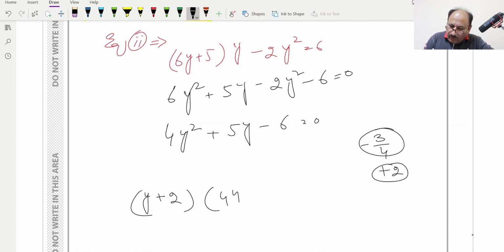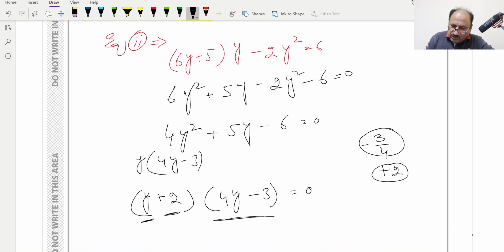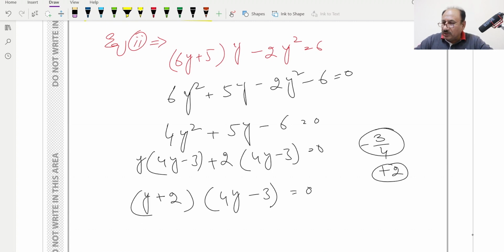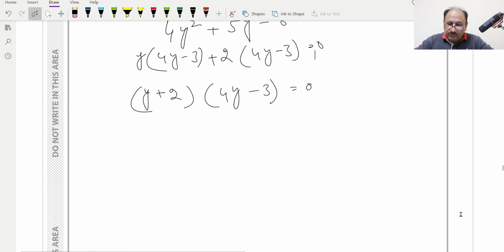So 4y minus 3 is equal to 0, and we can write here an intermediate step. So y multiplied by the bracket 4y minus 3, and then plus 2 multiplied by 4y minus 3 is equal to 0. Now you have provided the intermediate step also, and there will be no objection, no deduction.